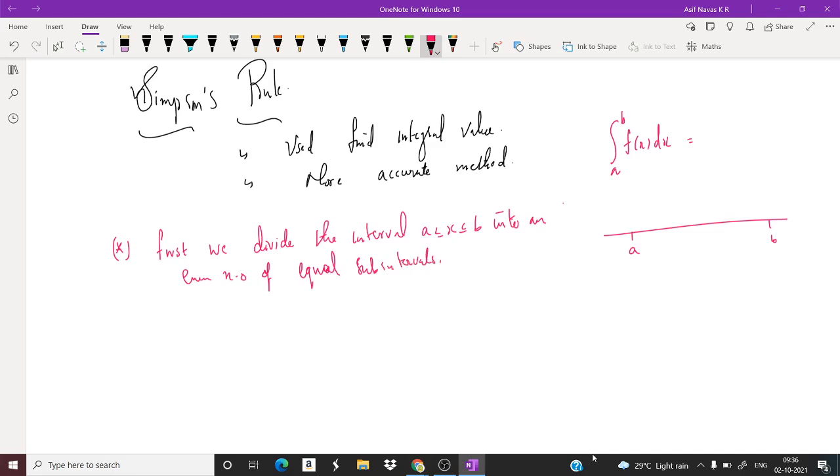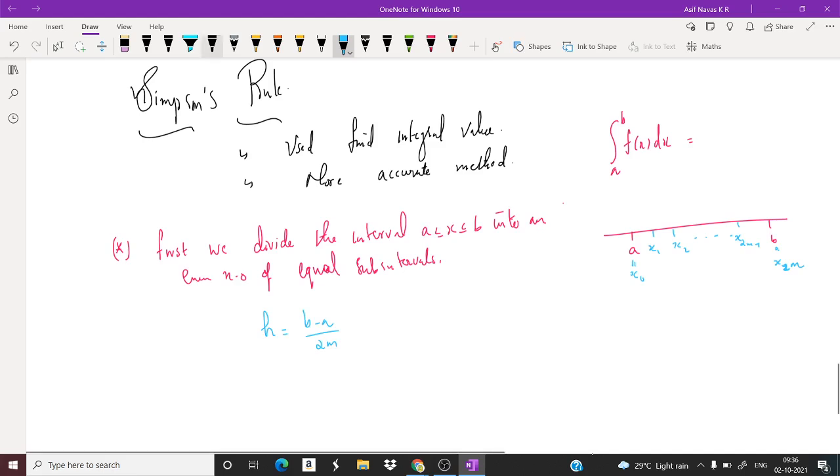In the last class we could divide it into an even or odd number of subintervals, but in this case we can only divide it into an even number. So this is x naught, x1, x2, etc., x2m minus 1, and the last one is x2m. And the length of the interval is h equal to b minus a by 2m.